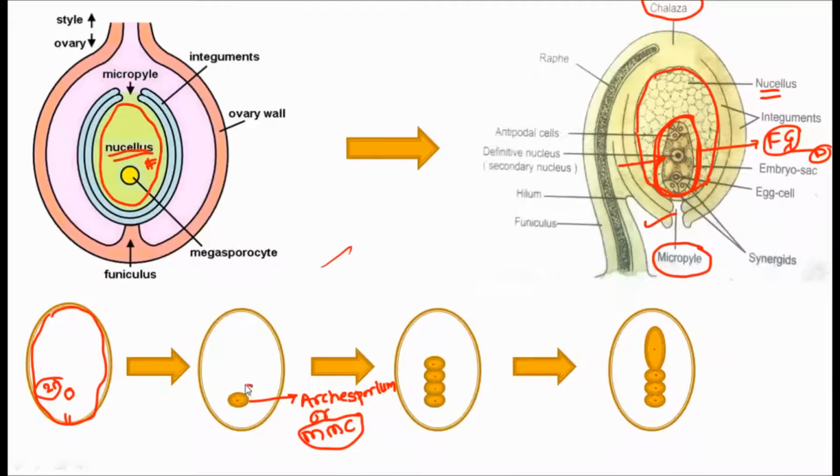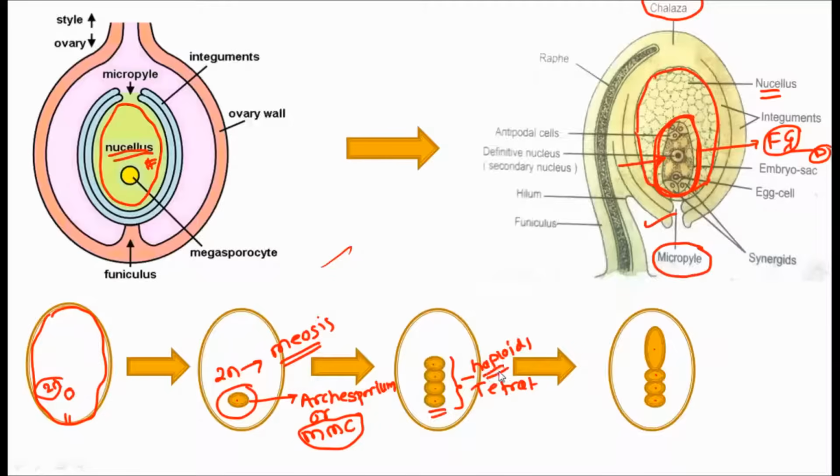Now, this megaspore mother cell, which is diploid in nature, undergoes the process of meiosis to form the tetrad of 4 haploid cells. You can observe in this next step, the 4 cells, that is tetrad, are formed by the meiosis of one cell of archesporium.